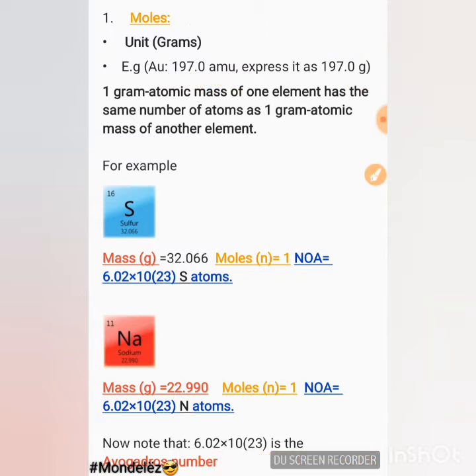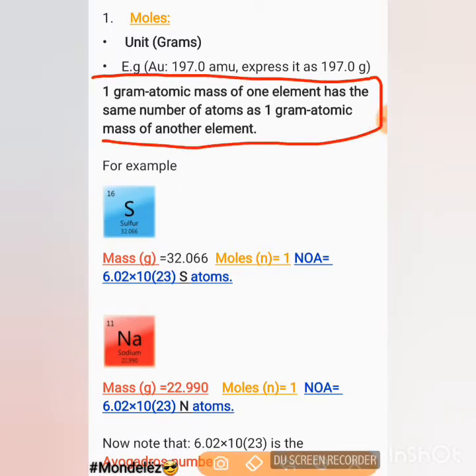All right. And another thing that you need to note before we go any further is that 1 gram atomic mass of one element has the same number of atoms as 1 gram atomic mass of another element. So what this basically means is that when you get two different elements, like sodium and sulfur in this case, they will have two different masses, right?